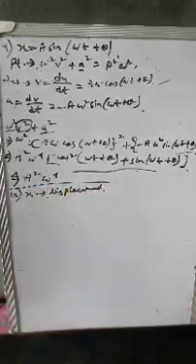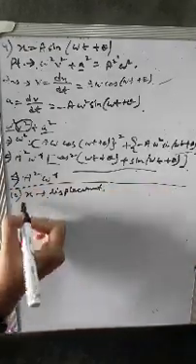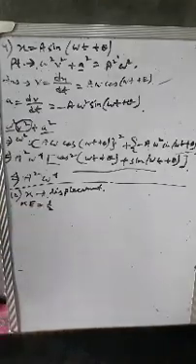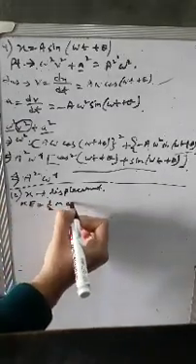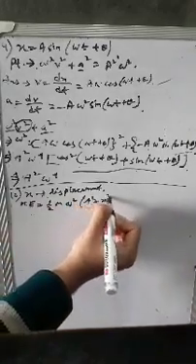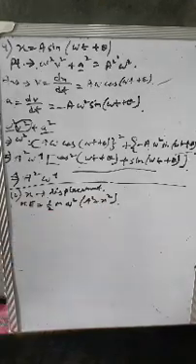Okay, so your value of K will be half m omega square within bracket a square minus x square. This is the formula we have studied. Now if you consider x to be 0, then what value of kinetic energy will you get?